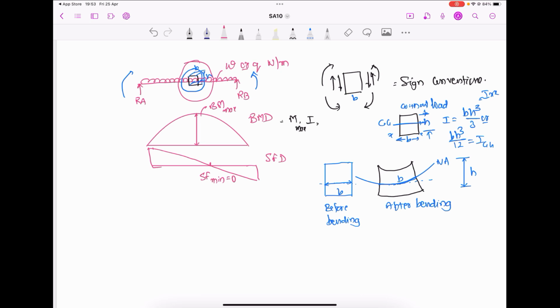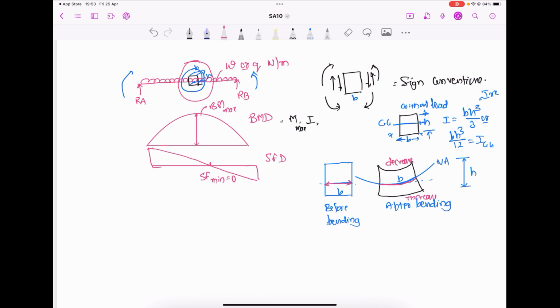This length and this length are the same. That means there is no increase in the length. Here there is an increase in length. Here there is a decrease in length.